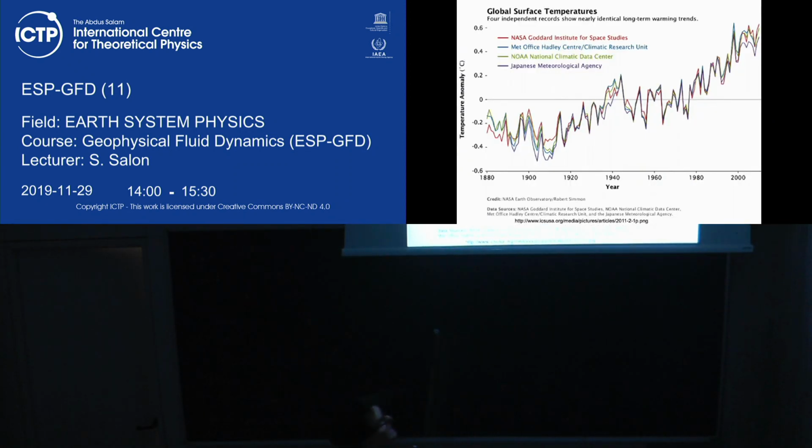Another thing that GFD studies, and that no one said, but it's good because we are here to learn, is climate. So climate is part of different interactions among atmosphere, among ocean, among ice, cryosphere, and among biosphere.